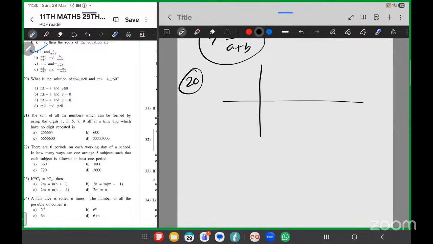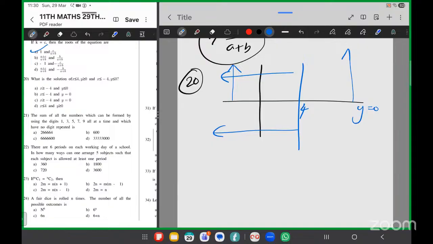X less than or equal to 4, this portion will come. Y greater than or equal to 0 means this is y equal to 0, this portion will come. X should be less than minus 4. Okay, for this case we are getting this part.